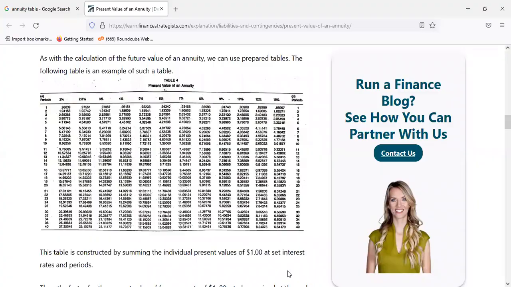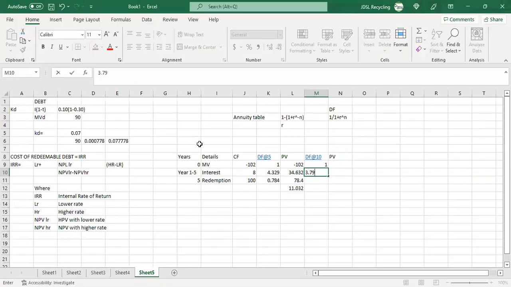Discount factor: 1 divided by 1.10 raised to power 5.